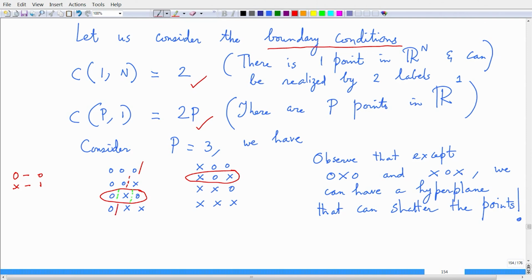So, clearly except the circle, the cross and the circle, and the cross, the circle and the cross, we can have a hyperplane that can shatter the points. By shattering I mean I have a hyperplane that can separate the points. Now, this is an important boundary condition, and with this we will look into the validity of the proof of the theorem.